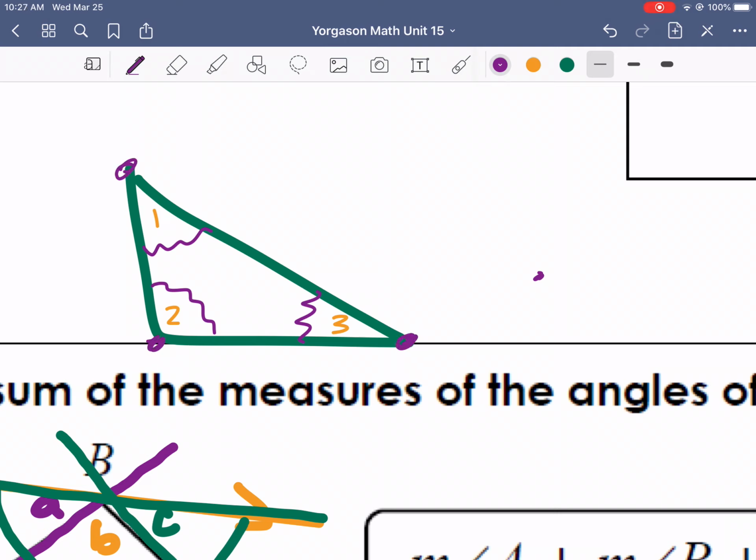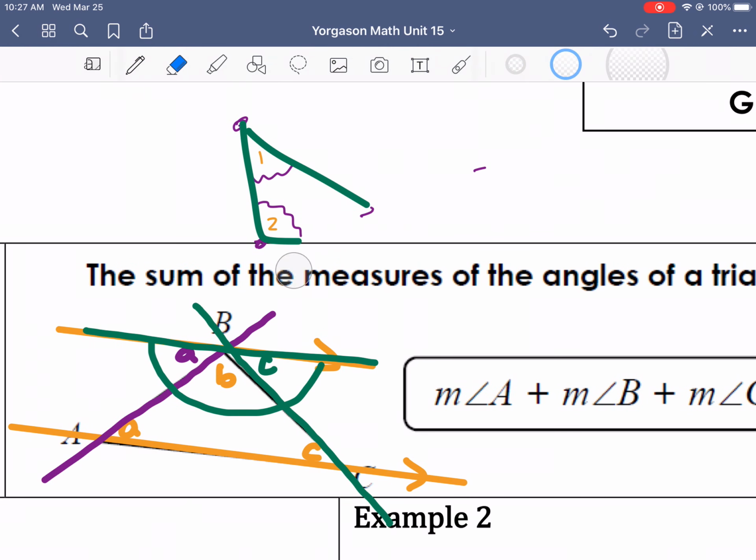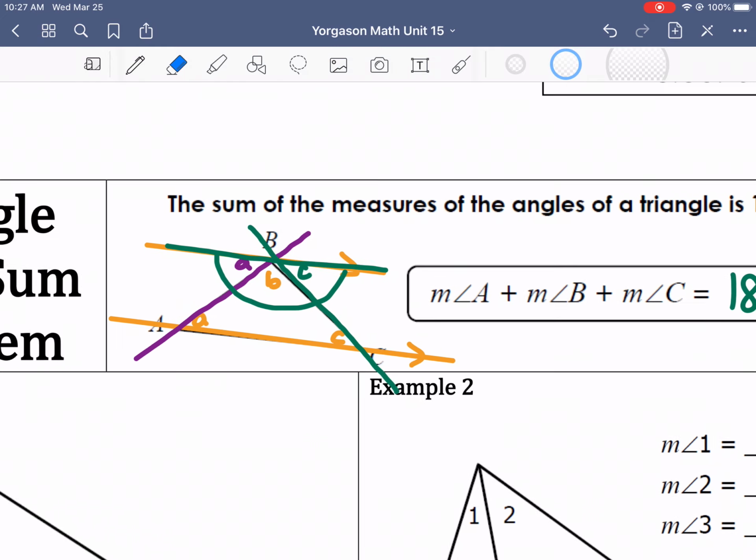So that point, that point, that point. So then we'd have, here's angle 1 maybe, and angle 2, and there's angle 3. And you would see that together they would make a straight line. If you have the resources to do this, I recommend that you try it. It's sort of hands-on learning that will help the concept stick in your brain a little bit better, I think. It's worth the time to try that out if you're interested in doing that.